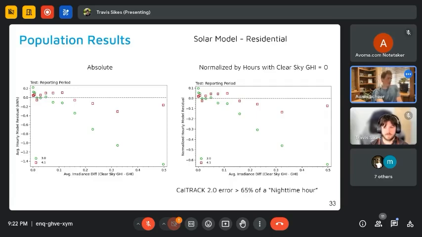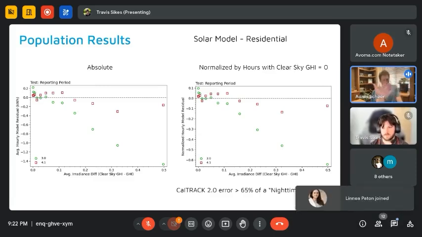Because we're seeing that the clear sky GHI reaches a maximum of about 1.0, and that's happening in the middle of the day, noon, 1 p.m., 2 p.m., when the sun is high in the sky.